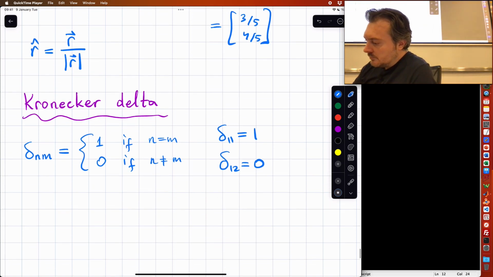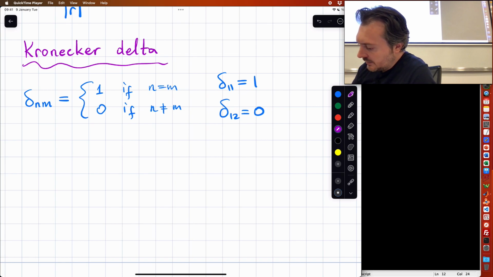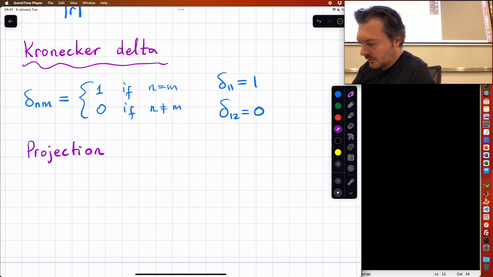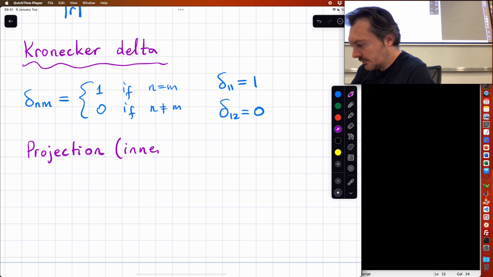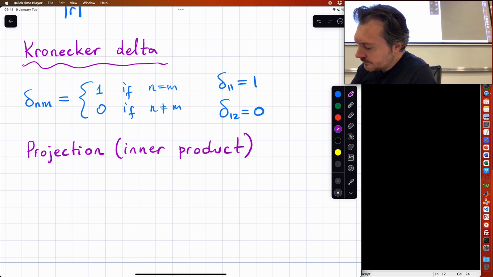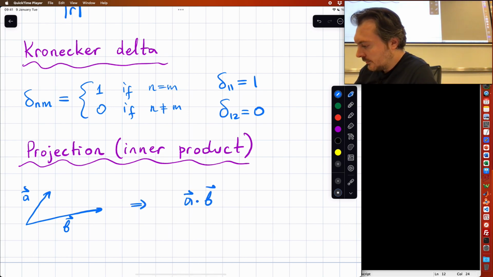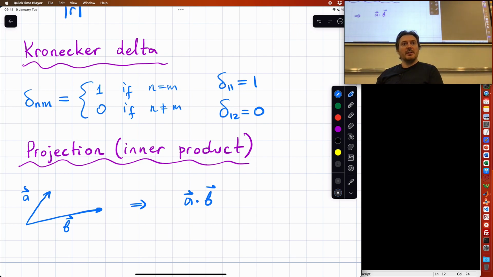So, with this at hand, let's move to projection, or inner product. You might remember from physics courses something like A dot B. Do you remember that?